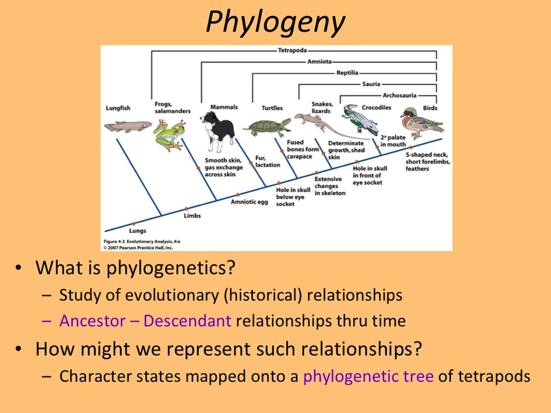Traits are mapped onto it: amniotic egg, extensive changes in the skeleton, feathers, all that kind of stuff. But it shows an ancestor-descendant relationship. We also have something called a phylogram that actually shows time periods or how many changes occurred relative to other lineages.